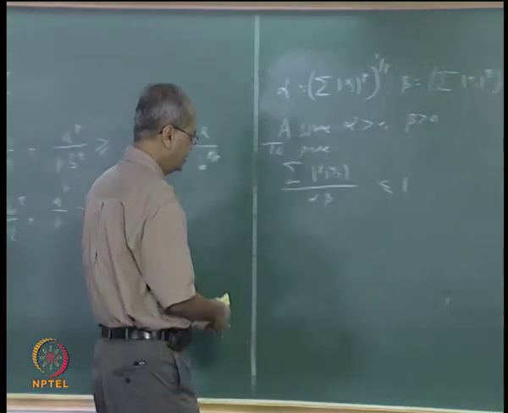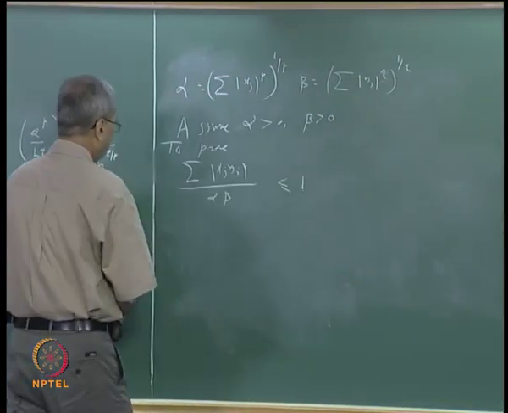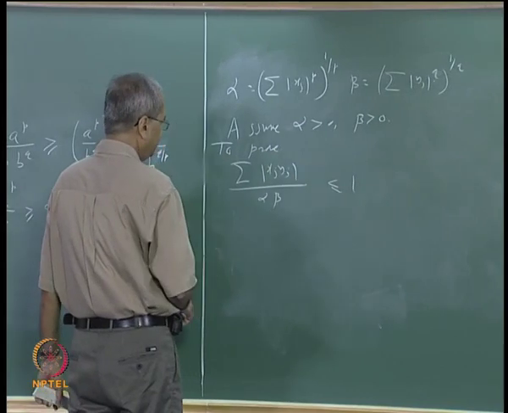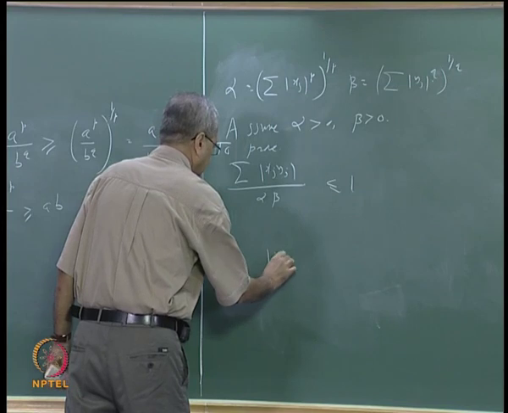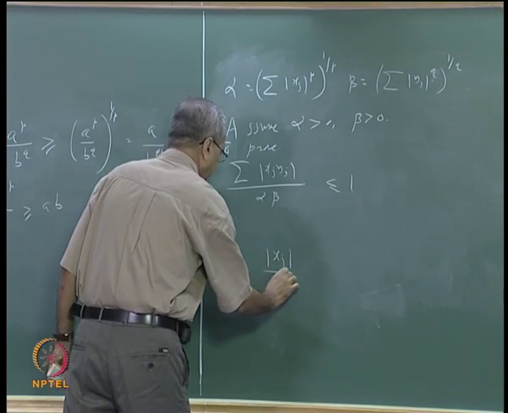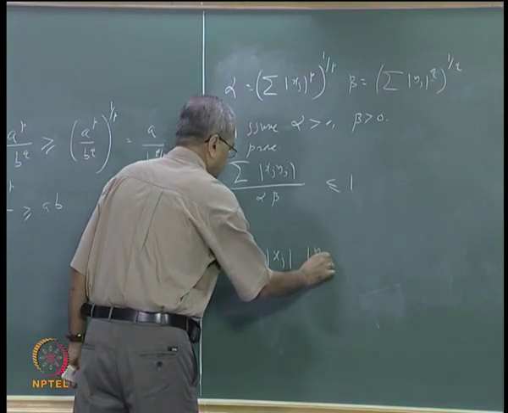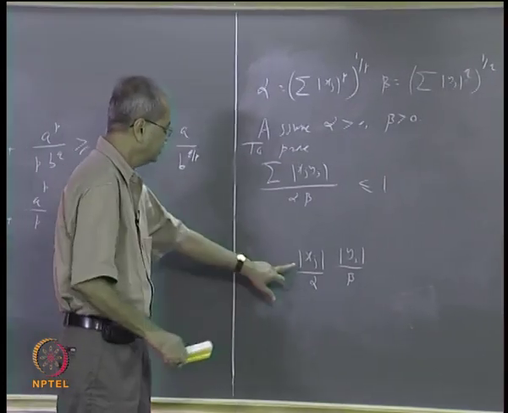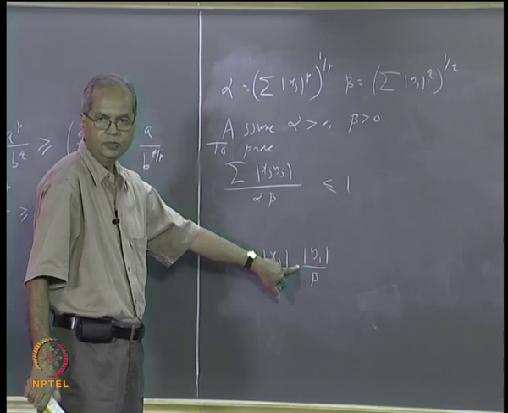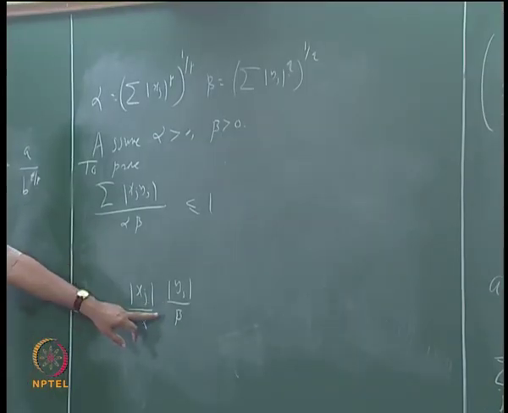Now I want to apply this Young's inequality to these numbers, mod xj divided by alpha and mod yj divided by beta. Take this as a and that as b.